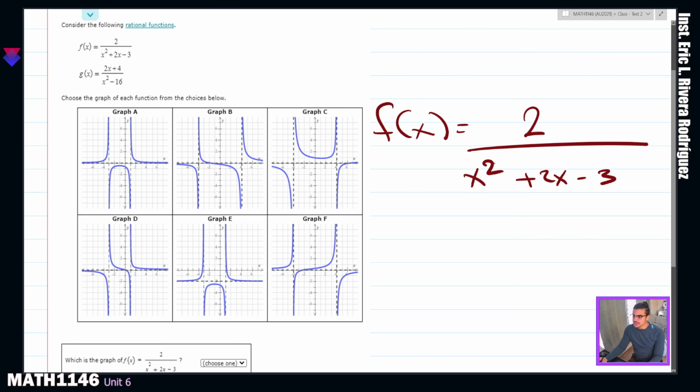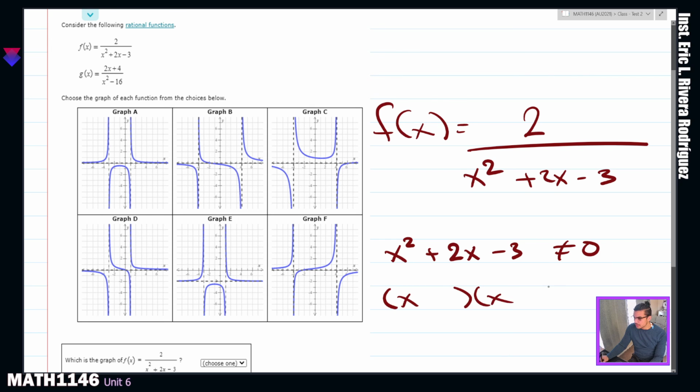All right, so the first thing that I will want to do here is, because all these graphs have two vertical asymptotes, find the restriction of f of x so I can identify which are the correct asymptotes for f of x. So I take the denominator not equal to 0.